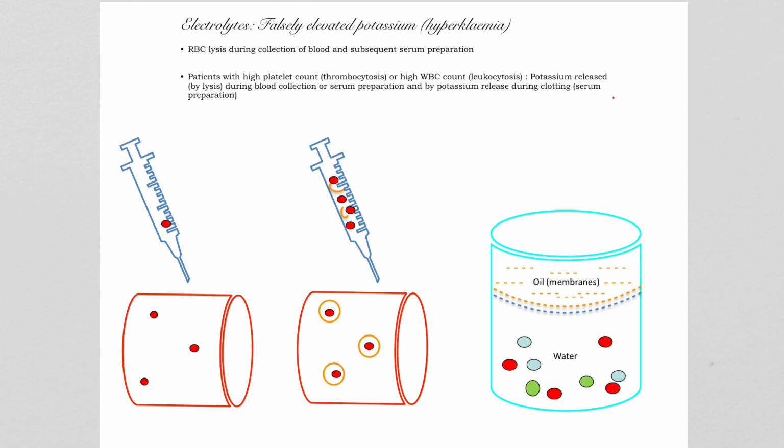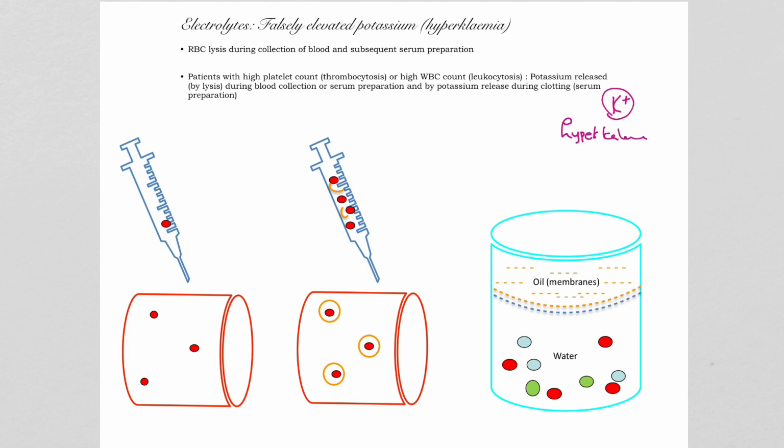Potassium analysis, once again, among these electrolytes, one of the most important analyses is potassium. It is one of the top 10 tests that is done in a clinical setting. So hyperkalemia, high potassium.